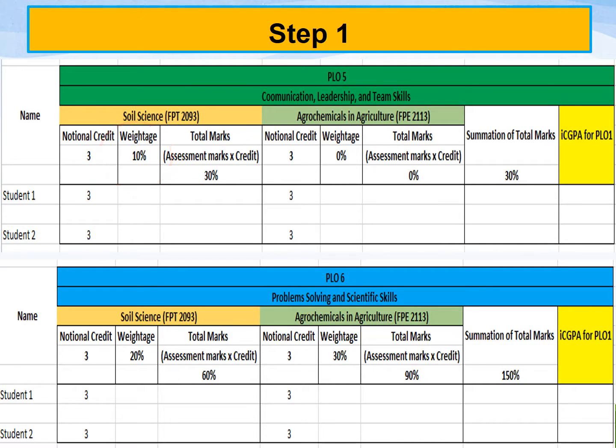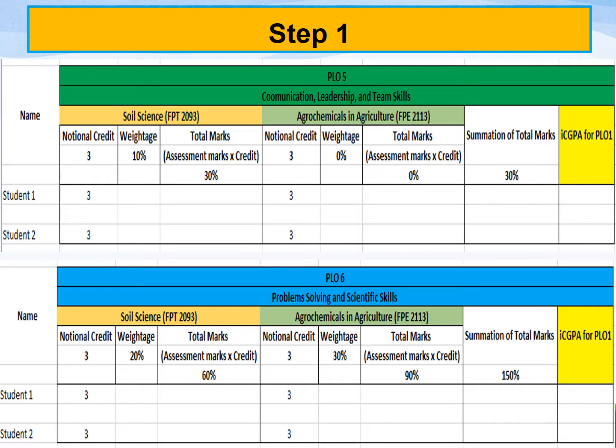Thus, the total marks is 30%. However, agrochemicals in agriculture does not map with this PLO. Thus, there is no weightage allocated, and the total marks is also 0. So, the summation of total marks is only 30%.